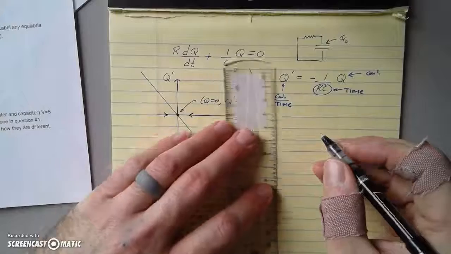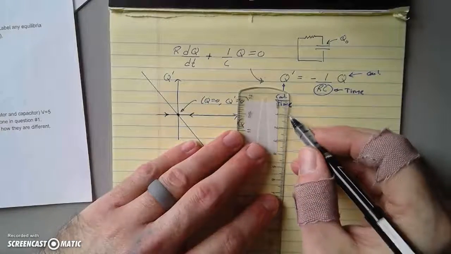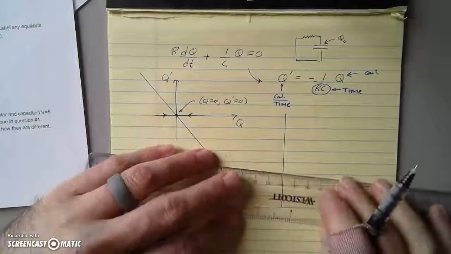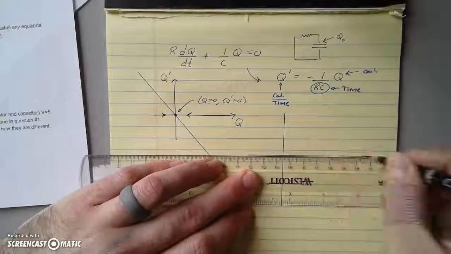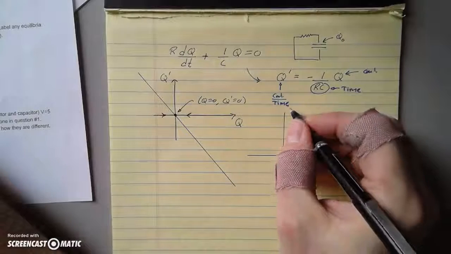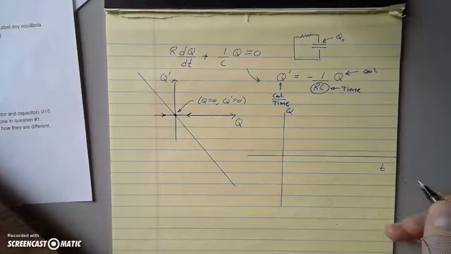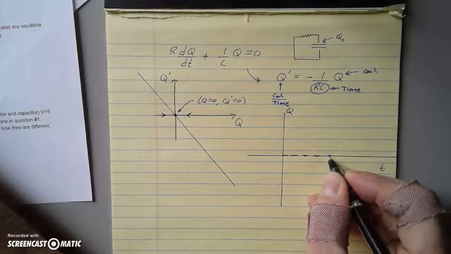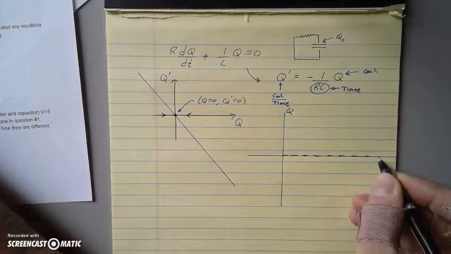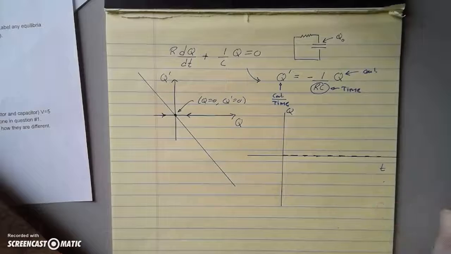Let's use this as a stable equilibrium. The system is going to tend towards this solution. If you're already there, nothing happens. So if we do Q versus T, this line is the equilibrium.